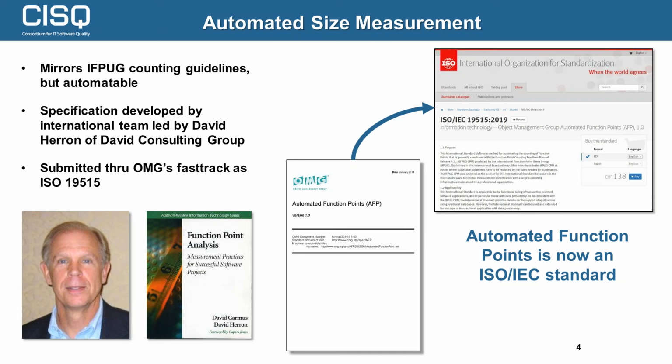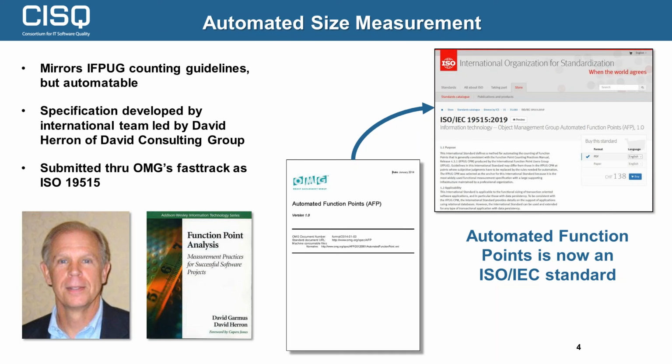So that was a major success for CISQ, and I think it really did a lot for helping support function points as a legitimate size measure, by reducing the cost, because now it's automated, and by reducing the inconsistency. There's still a role for manual counters because there's estimating up front before you have the software, and that's where their role comes in to help estimate the size of a system.